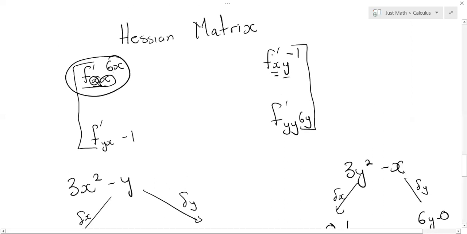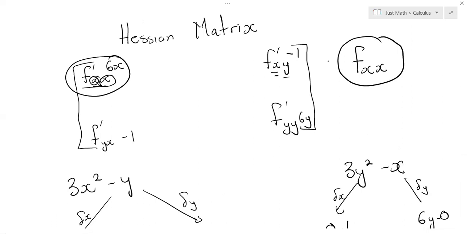Here, where you have the partial derivative first with respect to x and the second with respect to x. After you've gotten your determinant, this will generally tell you if it is a minimum or a maximum point.